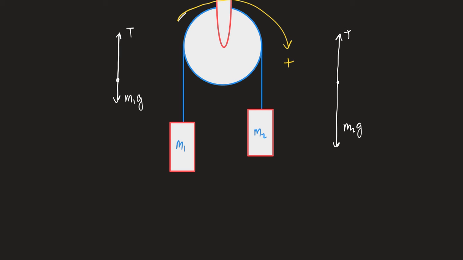Therefore, the upwards arrow should be the same size on both objects. However, the only way the object on the right accelerates downwards is if the arrow representing weight is bigger than the tension. And the only way the box on the left accelerates upwards is if the tension is greater than the weight. And since the two tensions have to be the same size, then, well, you should be having a diagram that looks like my diagram.